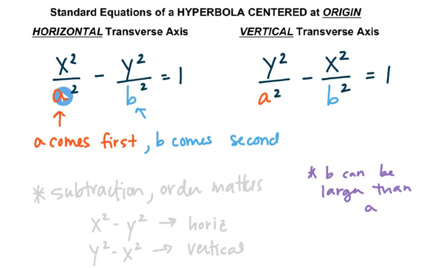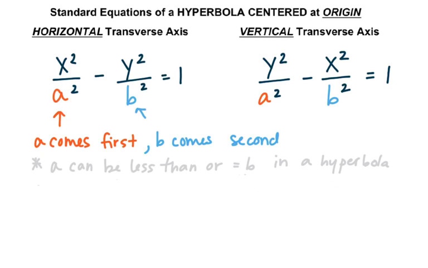So A is going to come first. A is under X for a horizontal. A is under Y for a vertical. So again, reiterating that A value can be less than or even equal to B in a hyperbola. Now, the difference with an ellipse is we need to know which axis was longer.